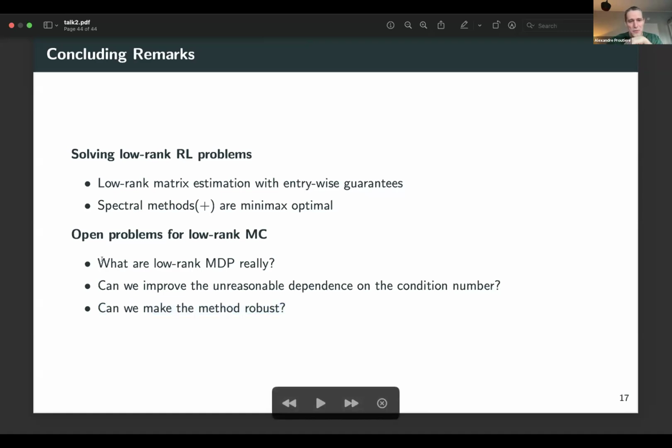This is related to the first question. We actually believe that exact low rank doesn't really exist, but maybe approximately low rank, or some definition of low rankness that is a bit less strict than the usual definition, would actually make sense in practice. Okay, I will stop here and I will be happy to answer any questions.